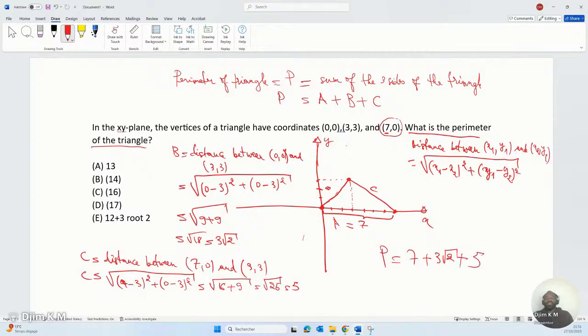The perimeter will be 7 plus 3 square root of 2 plus 5, because we found A is equal to 7, B is equal to 3 square root of 2, and C is equal to 5. This will give us 12 plus 3 square root of 2 for the perimeter.